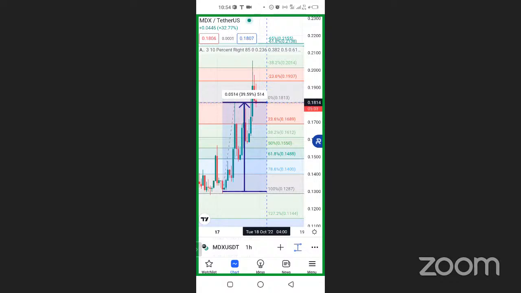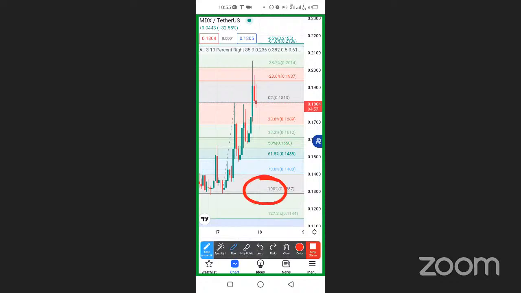You see that? It touched the zero. This was this area here. The rule says it has to move 50% back and then get back to zero again.